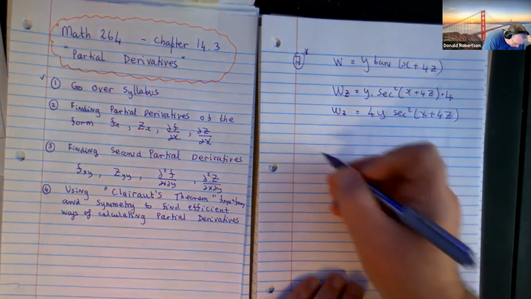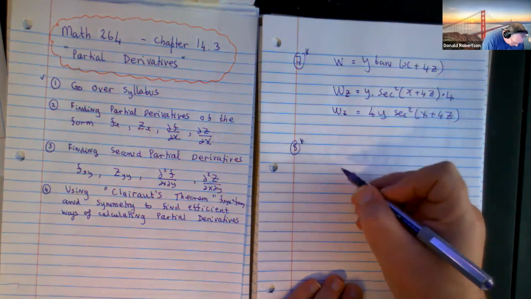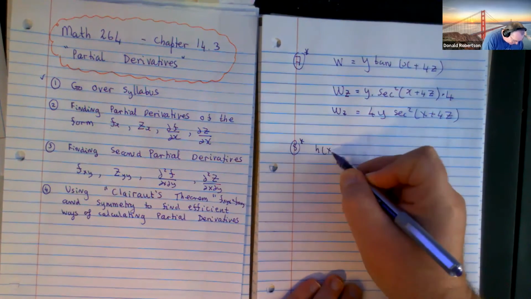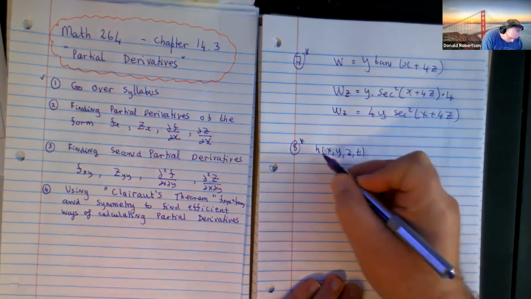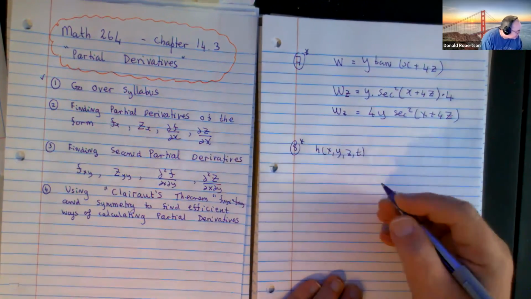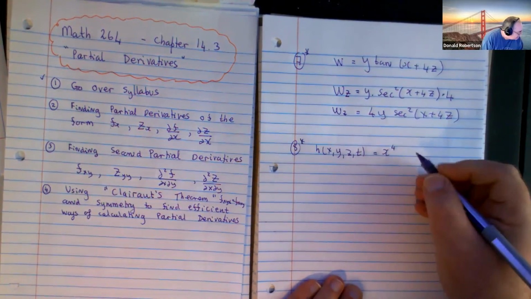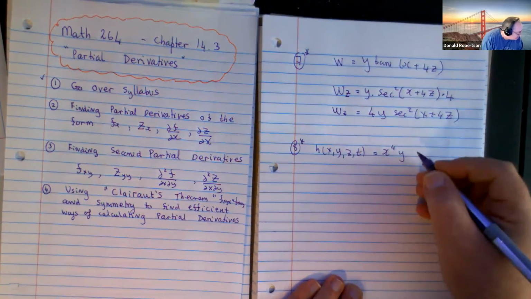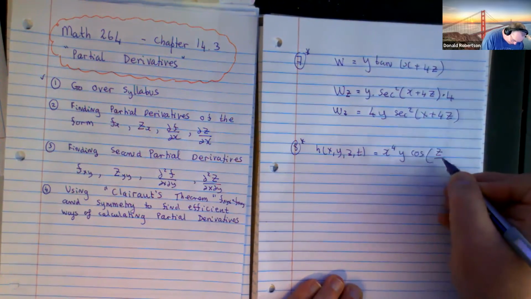How about this function? This function is in fact technically a 5-dimensional function because 4 variables plus the function itself considered a variable. In this case, it's x to the 4 with a y times the cosine of z over t.